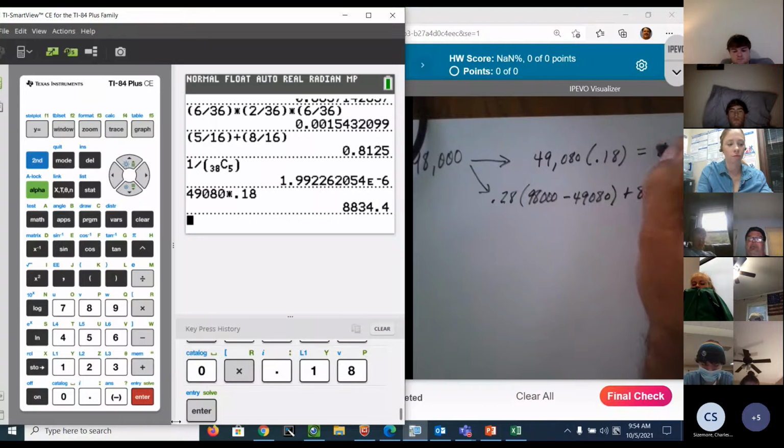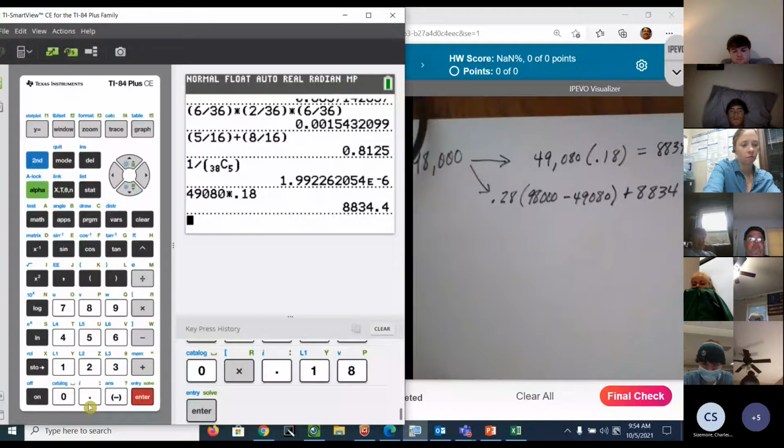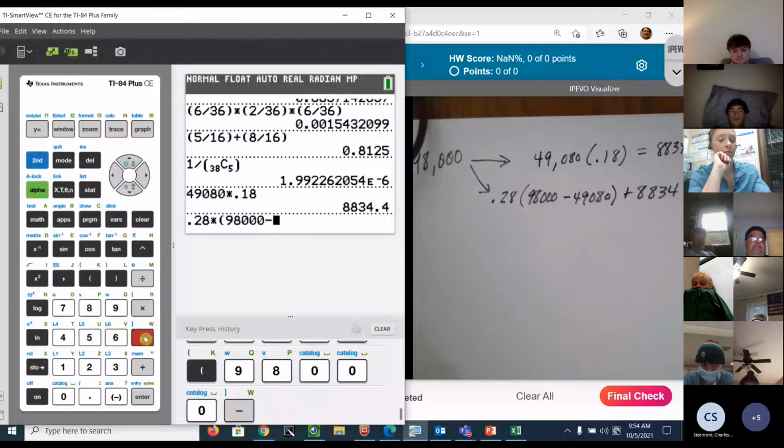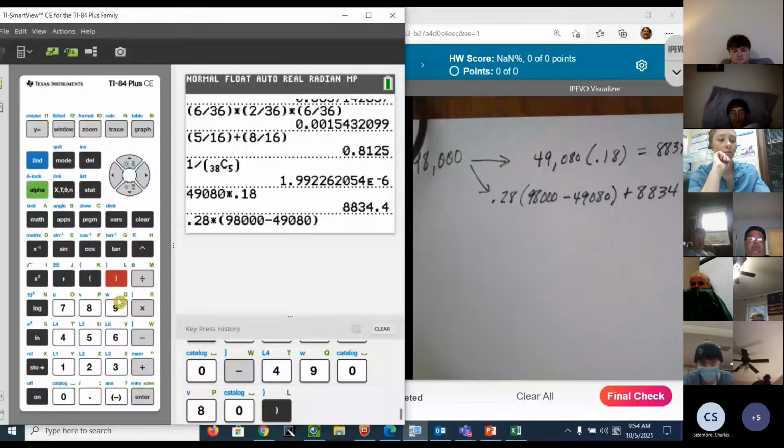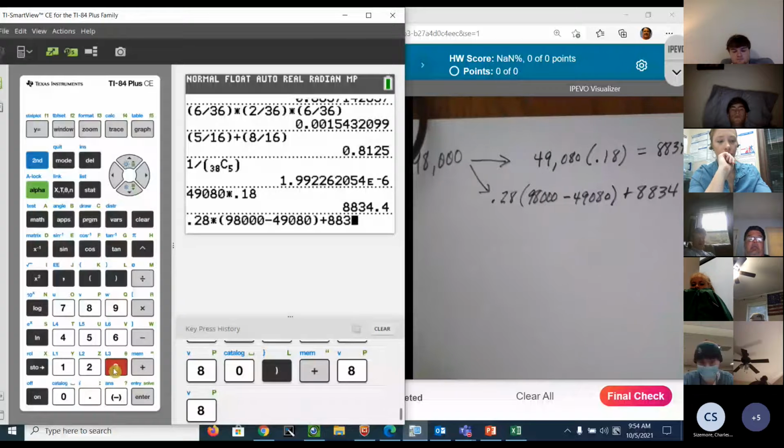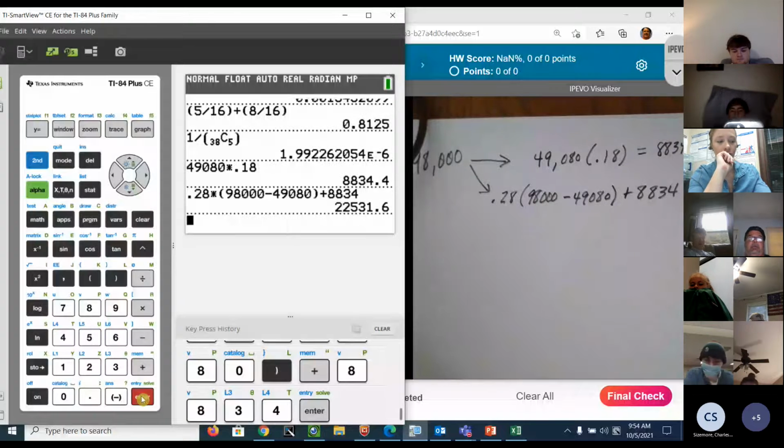And then the second one is going to be 0.28 times, parentheses, 98,000 minus 49,080, close parentheses, plus 8834, which they've already put that in there, plus 8834, which is what you get at the beginning. 8834, and that's equal to 22,532.